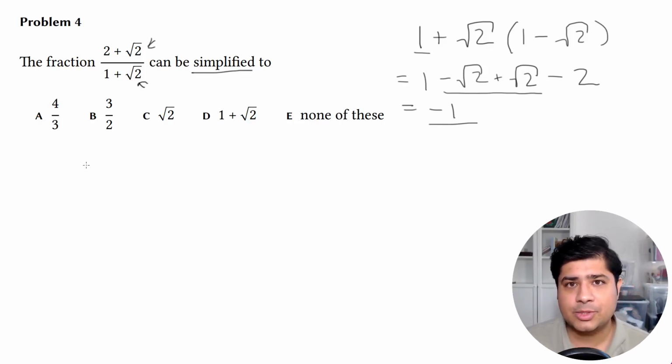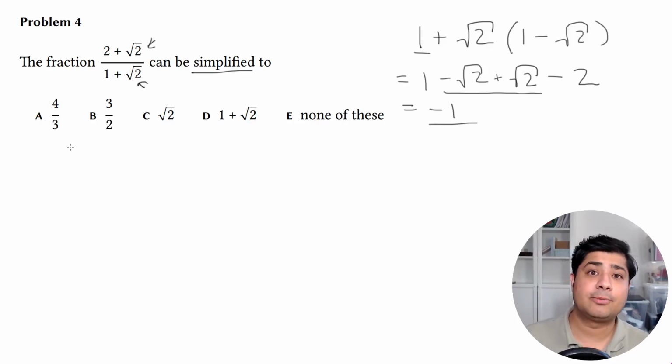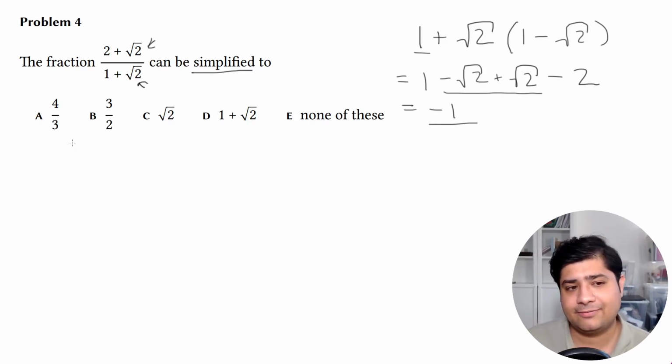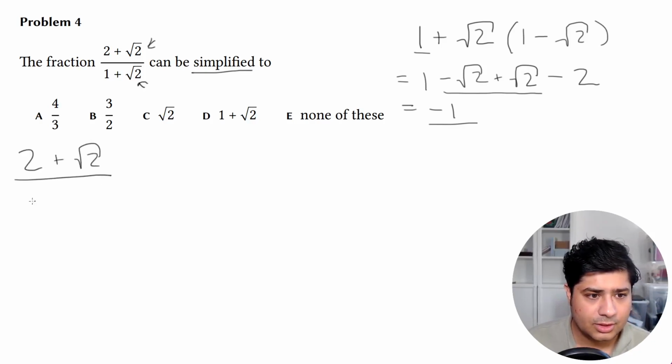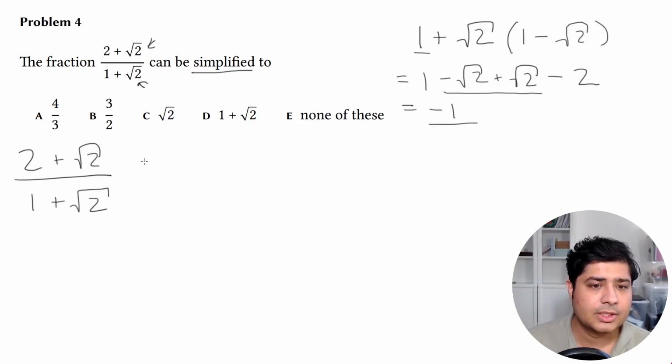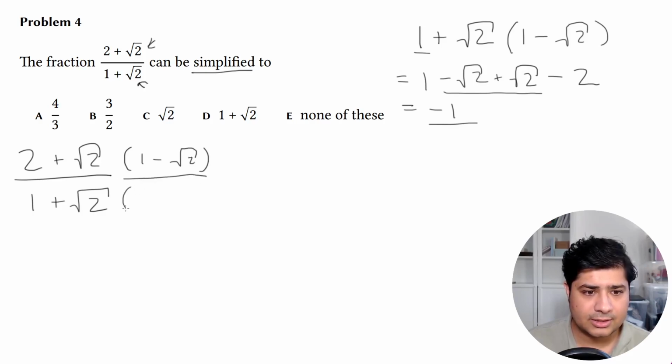Well, in that case, we can just multiply both the numerator and the denominator by the same number, right? That's valid. So what we can do at this point is take 2 plus √2 over this, and then multiply both top and bottom by this value here. Let's see what we get if we do that.